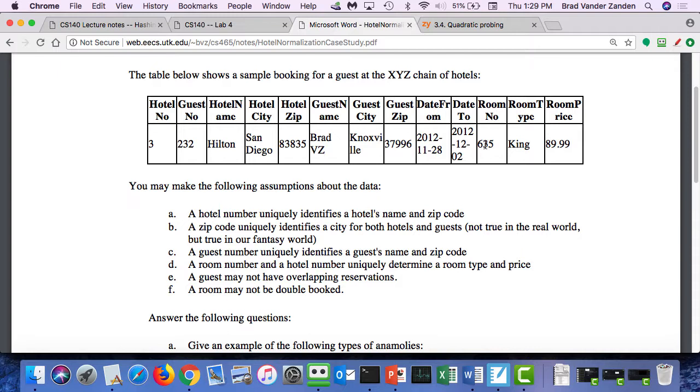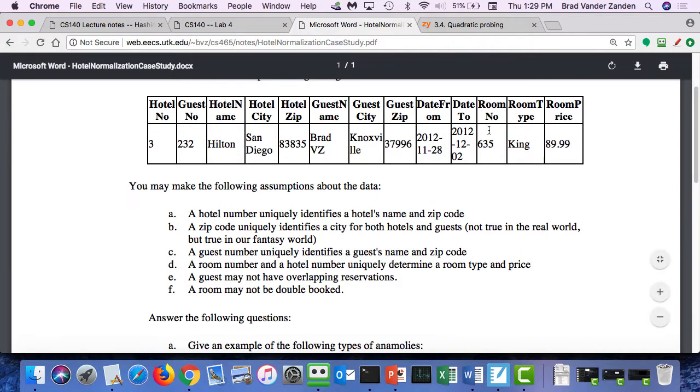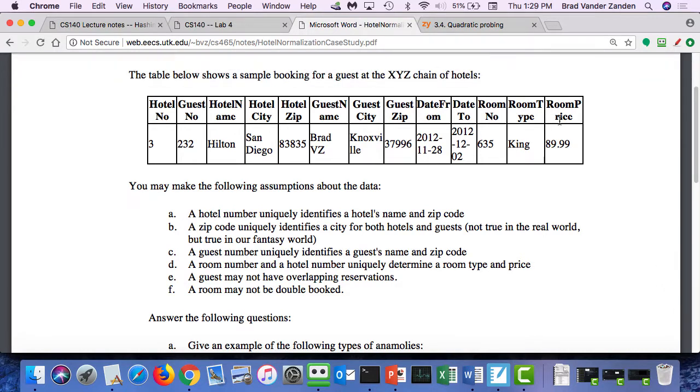Here's the way to say it. You do have a functional dependency: hotel number and room number determines room type and room price. You can't have an update anomaly on the determinant, the left-hand side. You can have an anomaly on the right-hand side attributes. That's the best way for me to say it.